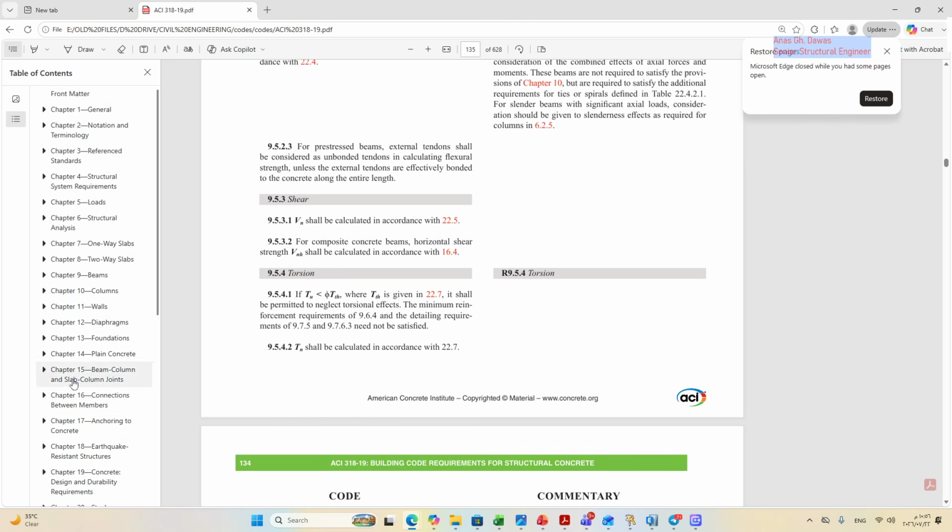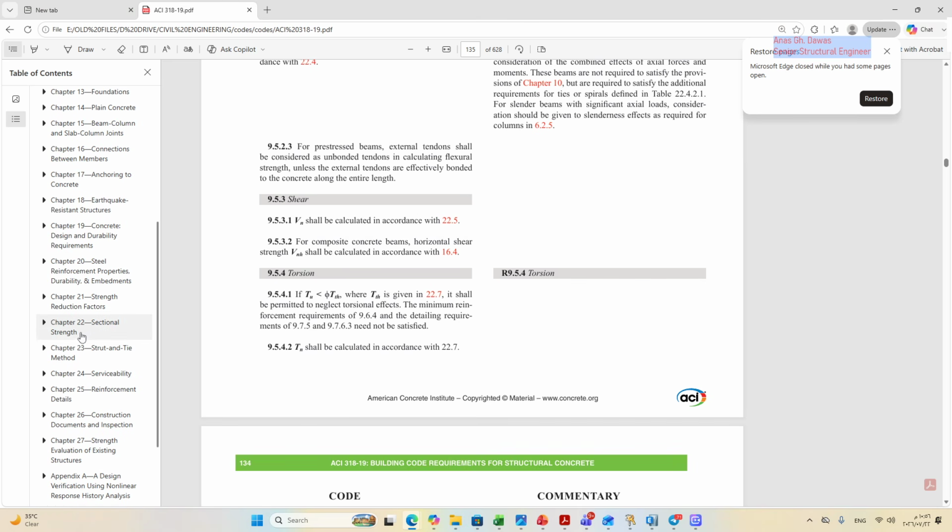Chapter 22 is called sectional strength. That's why you will go to Chapter 22, calculate the shear strength of the beam, then again come back to Chapter 9 to continue to design this beam.